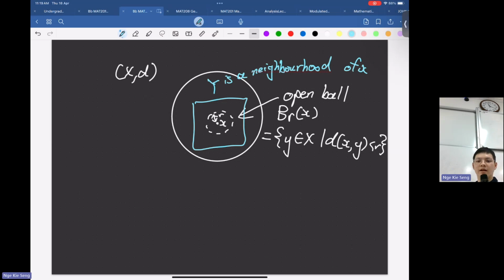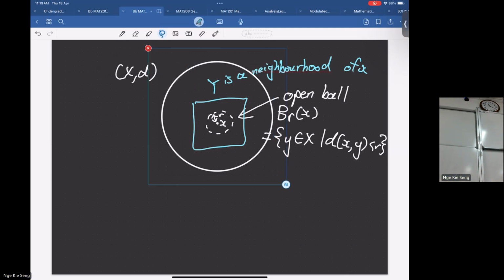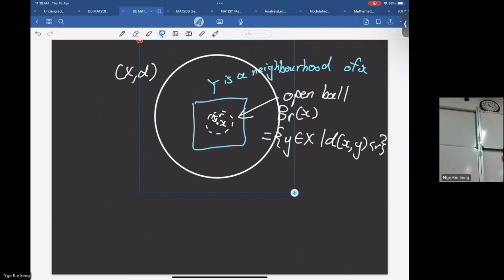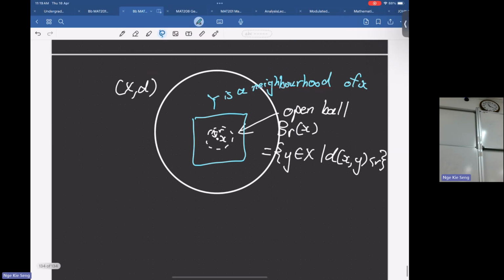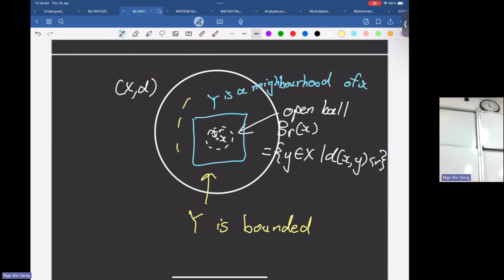And finally, we say that a set is bounded. Let's say we want to say that Y is bounded. What can we bound it by? Maybe by an open ball.